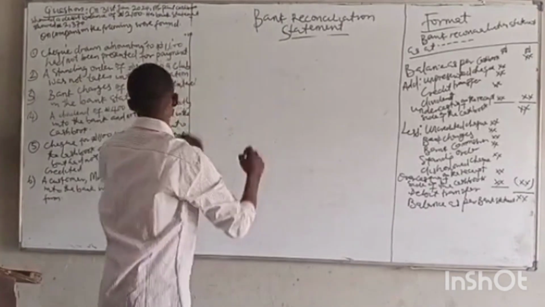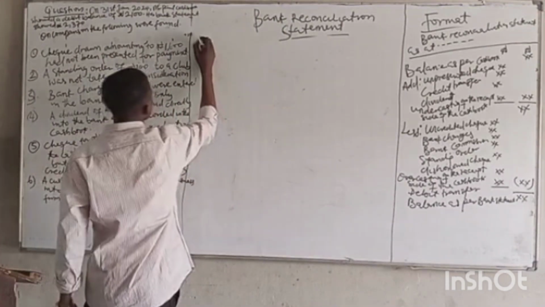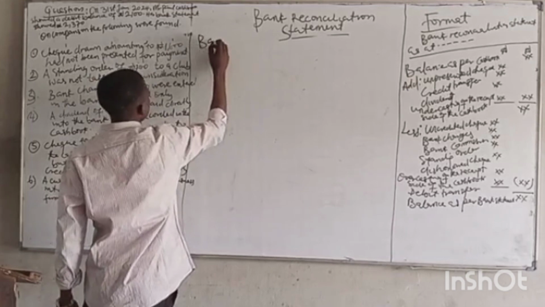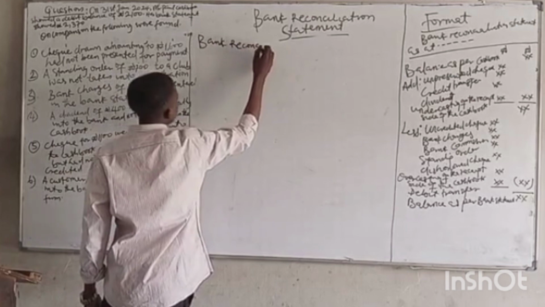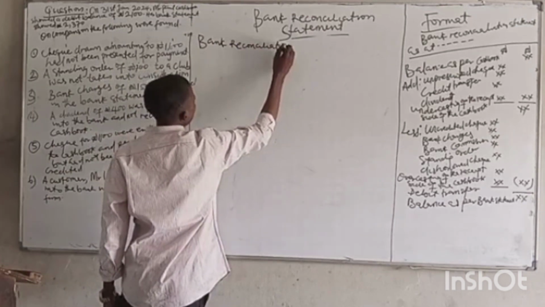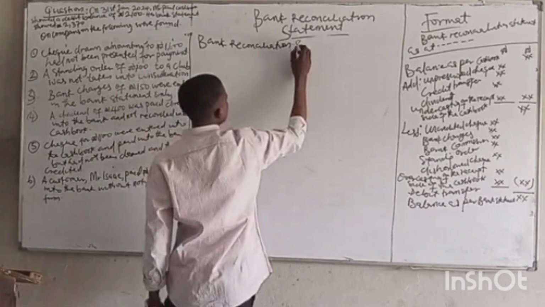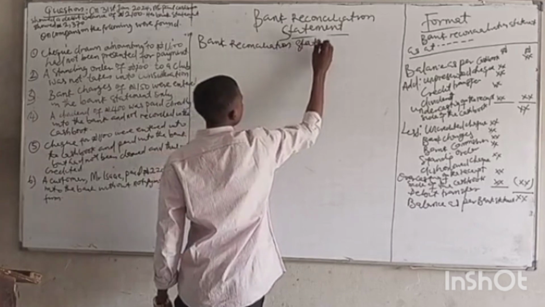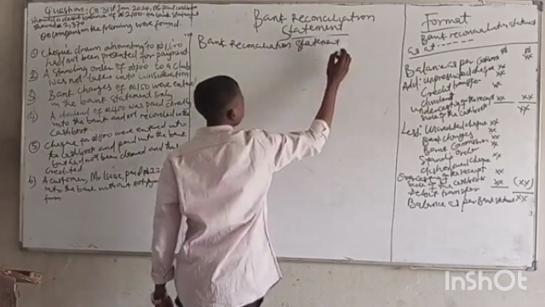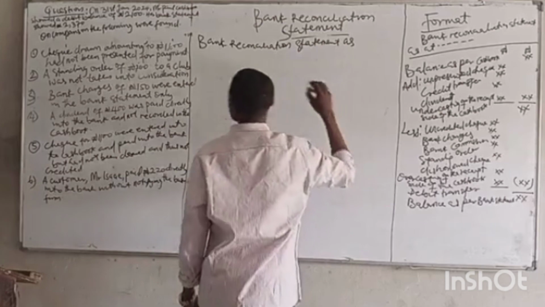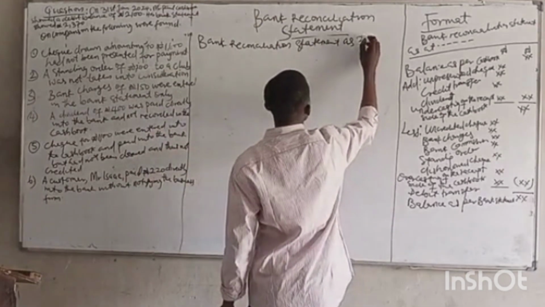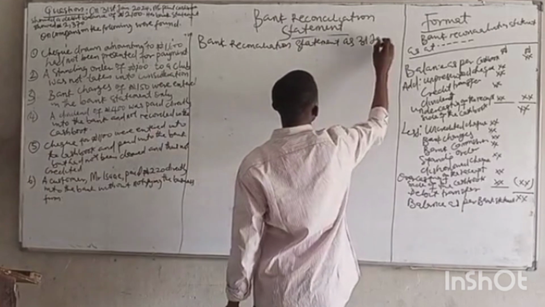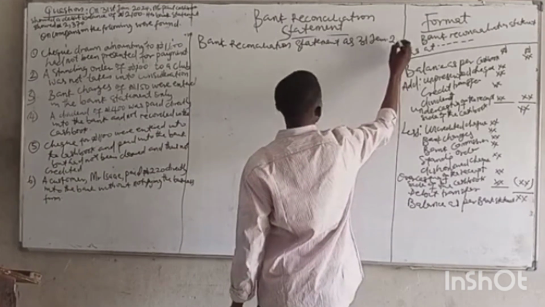So following this, we say bank reconciliation statement as at 31st January 2024.